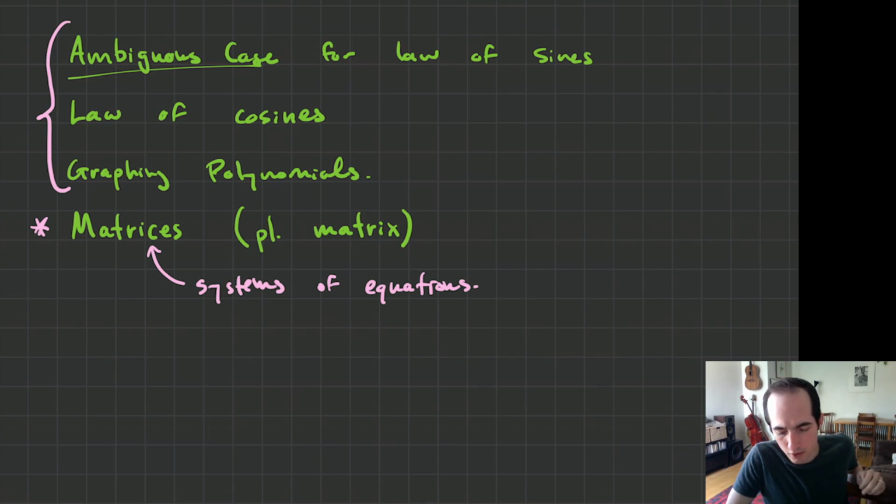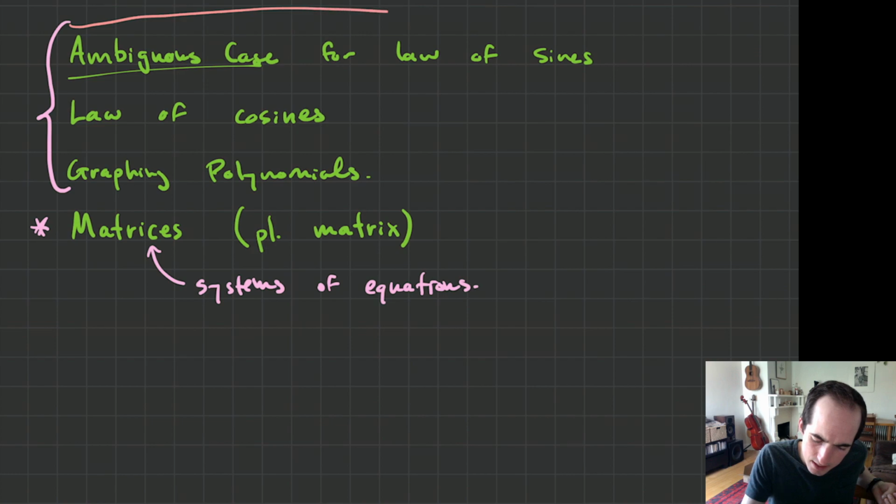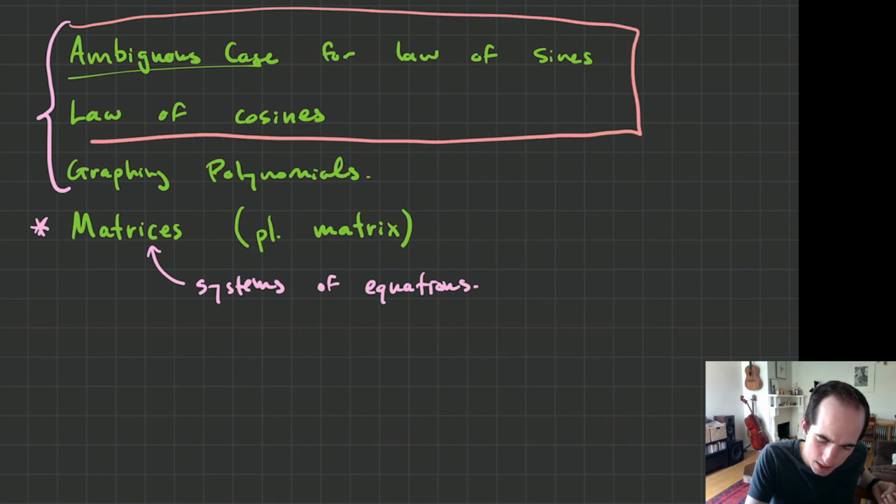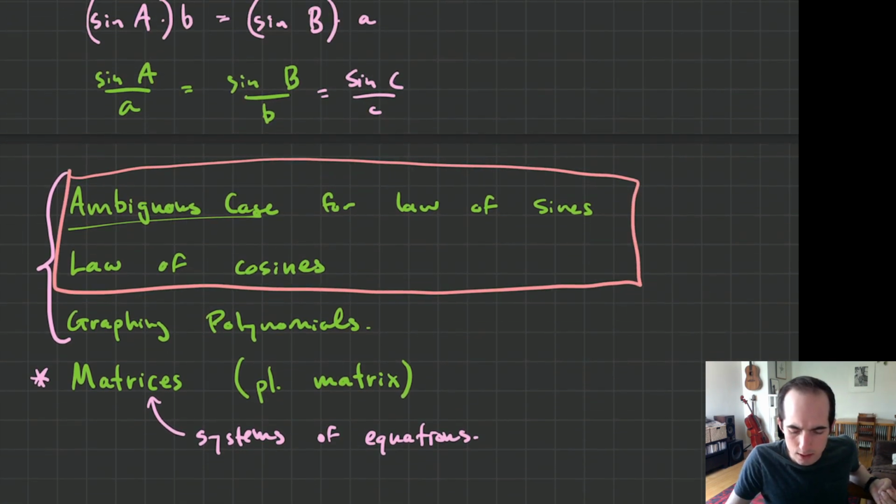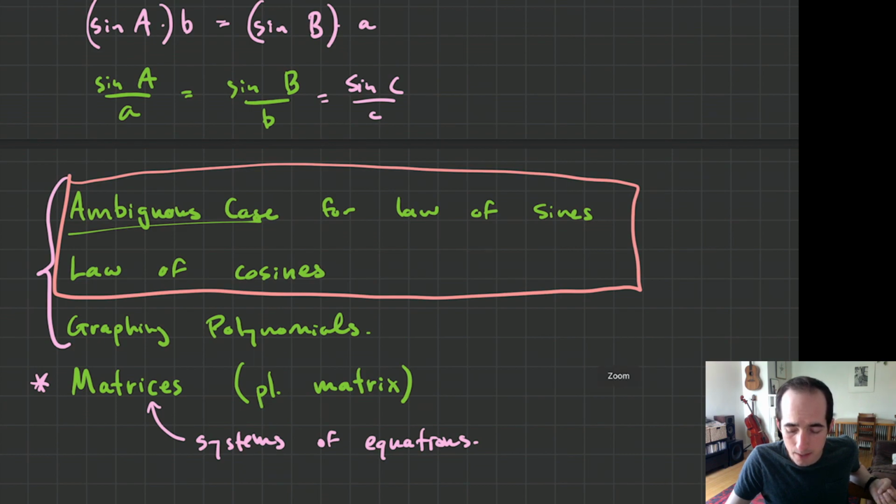We're going to talk about the ambiguous case for the law of sines, the law of cosines, and then we're going to graph polynomials. So I'm going to hold off on homework today. The next homework set that I want to give you will cover the law of cosines, the ambiguous case for the law of sines, and also just the law of sines as well.